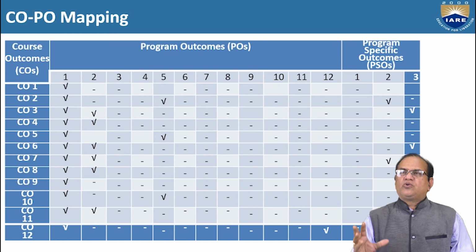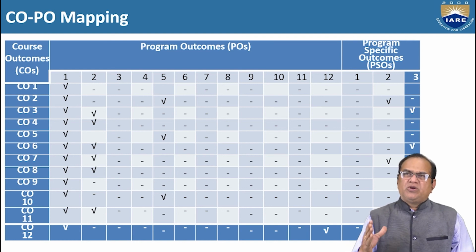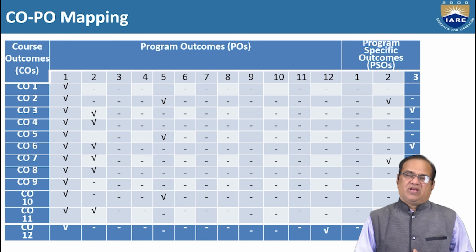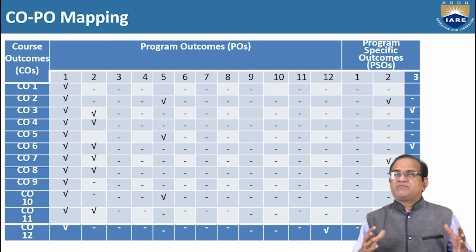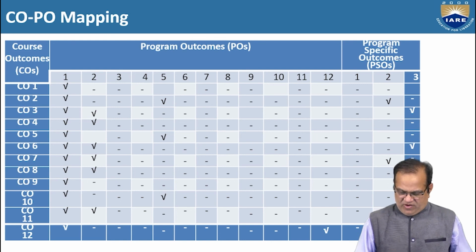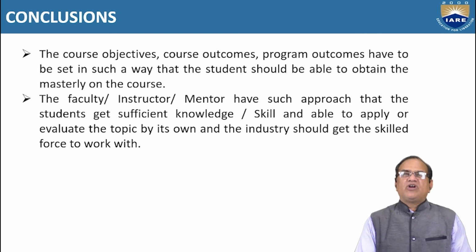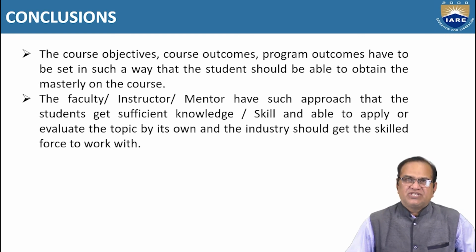So mostly we have 2 to 3 PSOs. PSO1, PSO2 and PSO3 are prepared for the whole of your branch. For a total program, these program specific outcomes are made and mapped for the requirement. So here I am going to conclude this lecture.